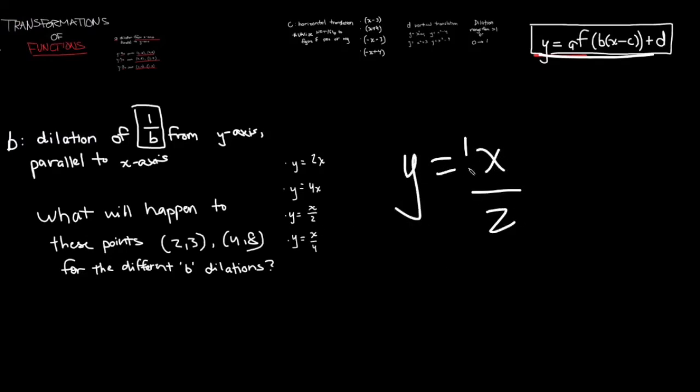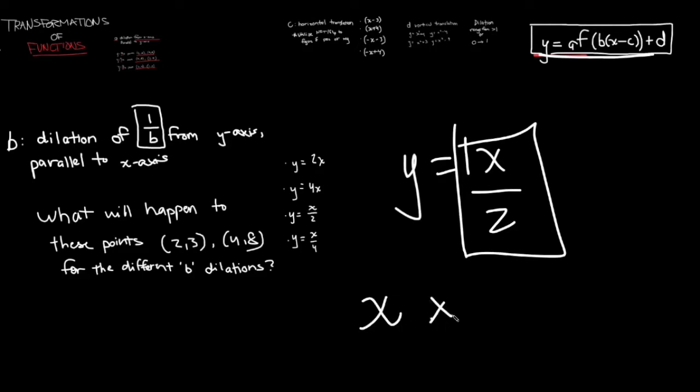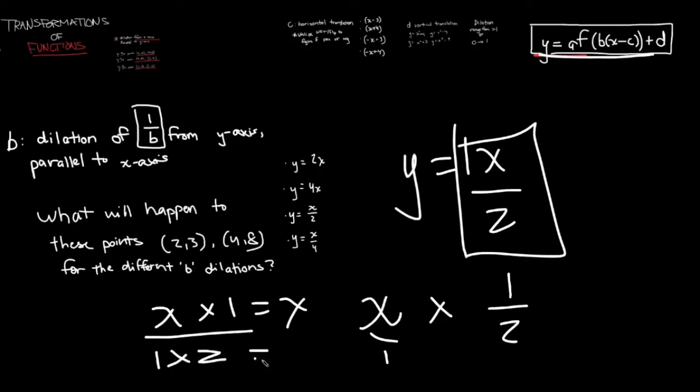Let's do y is equal to x over 2. Now this whole equation here is the same as x multiplying with 1 over 2, which is just multiplying. You just multiply them, so x times 1 is equal to x, and 1 times 2 is equal to 2, resulting in x over 2.